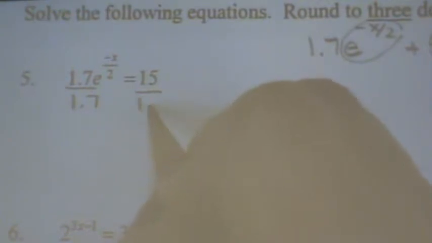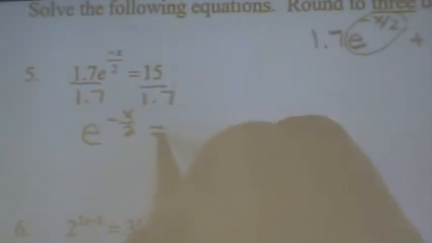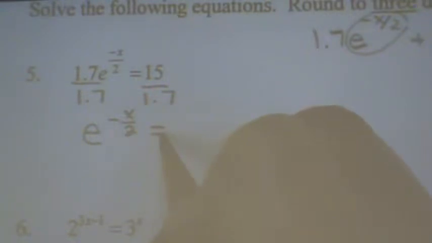So I just want to give you another, because I obviously couldn't test you on every type of problem, but in case you see a plus sign or even a minus sign, you know that you have to get rid of that 5. So e to the negative x over 2, and 15 over 1.7 is 8.8, and then convert this.